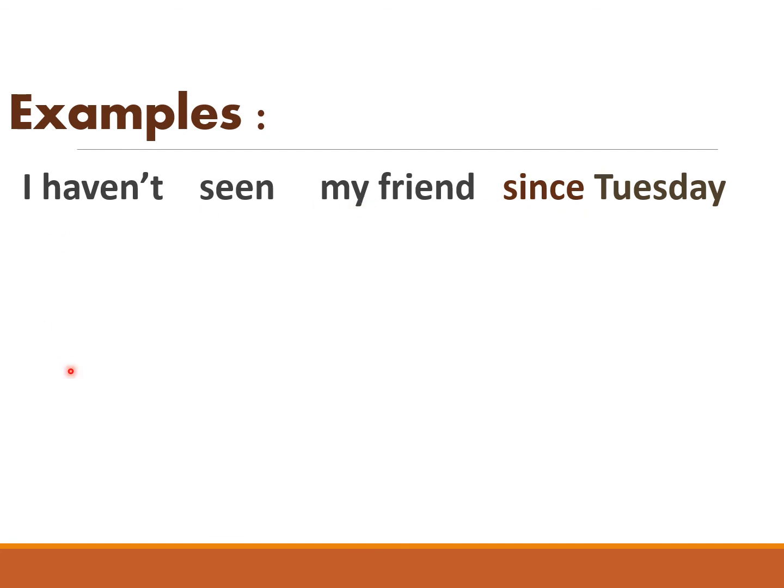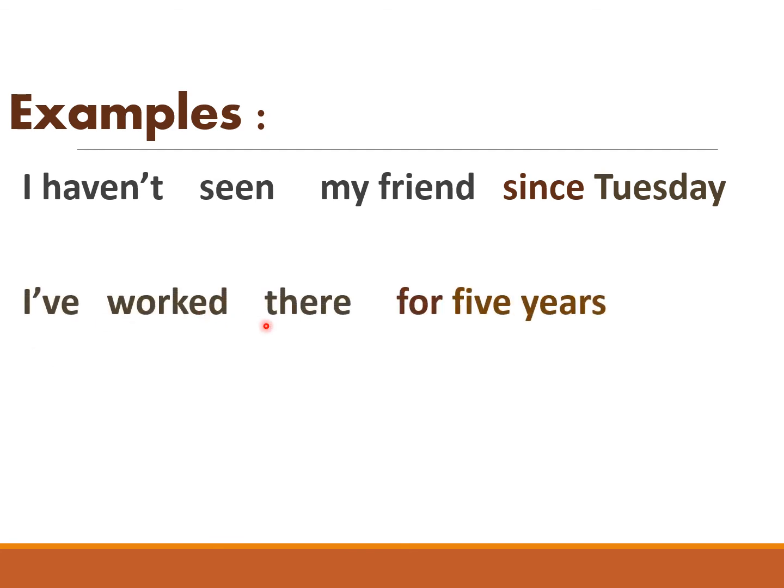But look at the second example. I've worked there for 5 years. 5 years is a duration of time, a period of time. We don't know when the action started. So we use for 5 years.